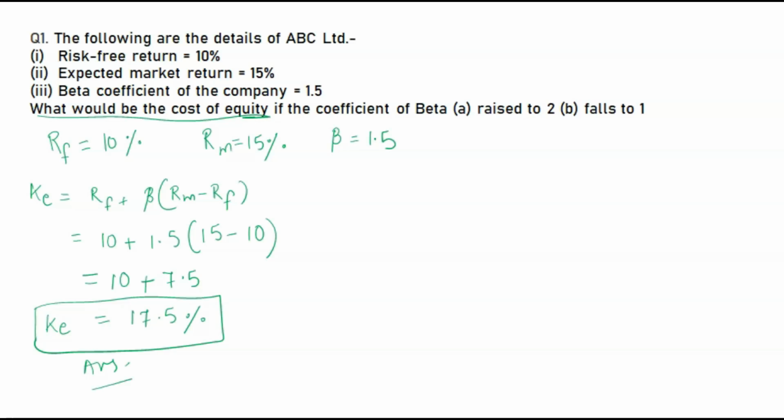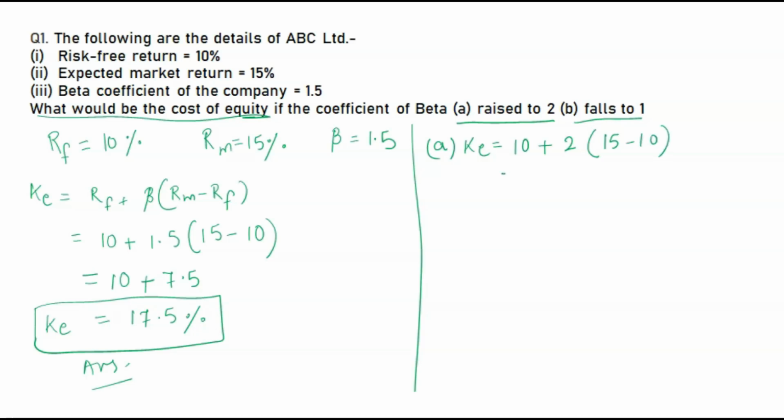Now two more things are given in the question. If the coefficient of beta, A, rises to 2, B, falls to 1. If it rises to 2, that means in part A beta is 2. Rest all things will be the same, so cost of equity equals RF plus beta, now 2, times (RM minus RF).